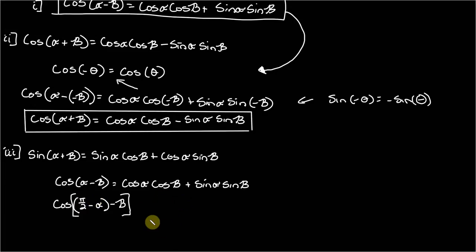And what we're going to do then for alpha is sub for both cos alpha and sine alpha, so that this equals cos pi over 2 minus alpha times cos beta, and cos beta stays the same, plus sine pi over 2 minus alpha sine beta.